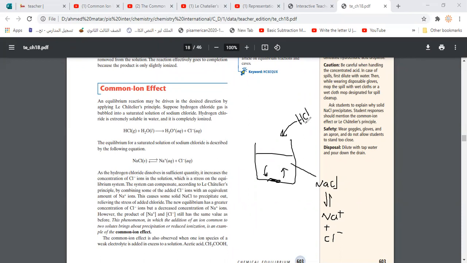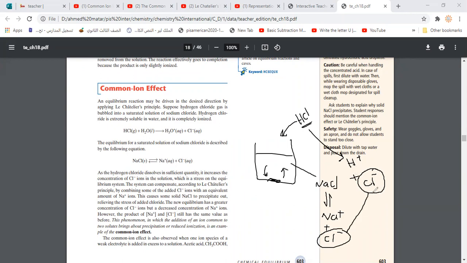Once we add hydrochloric acid in water, it will break down into hydrogen ions and chlorine ions. So we have extra chlorine ions in solution: the chlorine already produced from the sodium chloride and the chlorine produced from the hydrochloric acid.